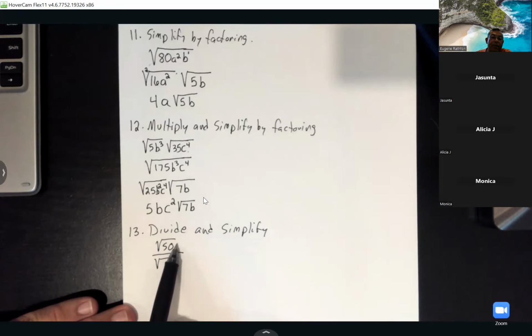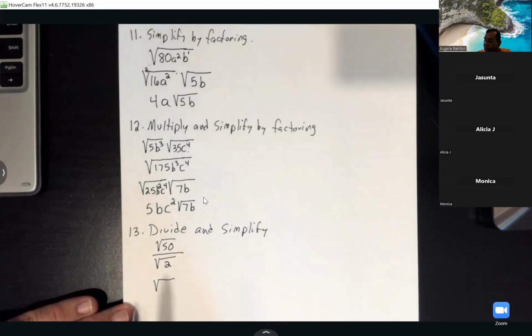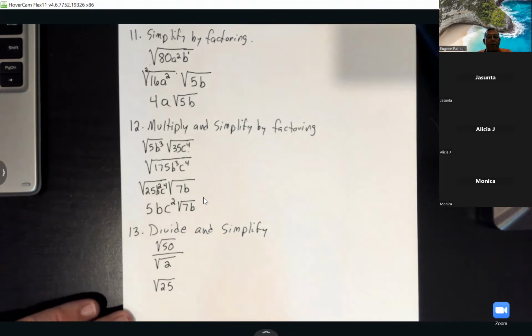So I would take the 50 and divide by 2. Now the answer at this point will stay under that radical. So 50 divided by 2 gives you 25. So I get a square root of 25. And that square root of 25 will simplify because that's a perfect square. And y'all, the square root of 25 will give me a 5.